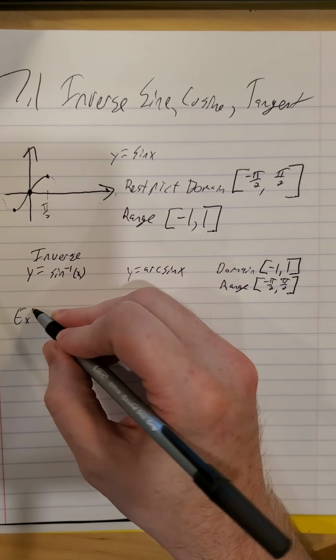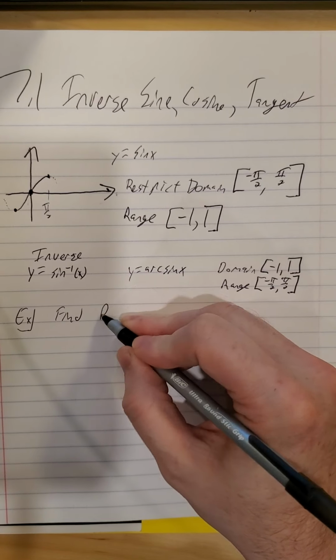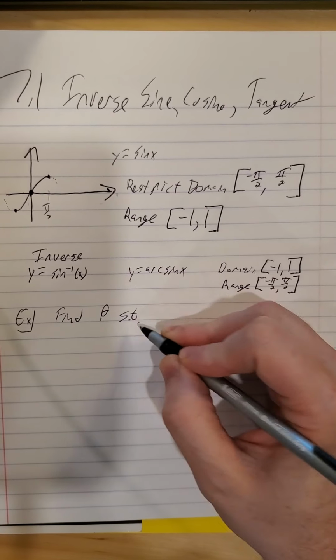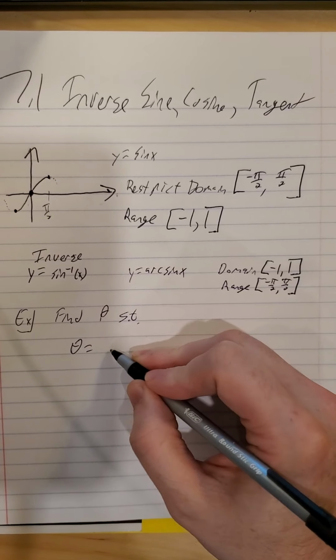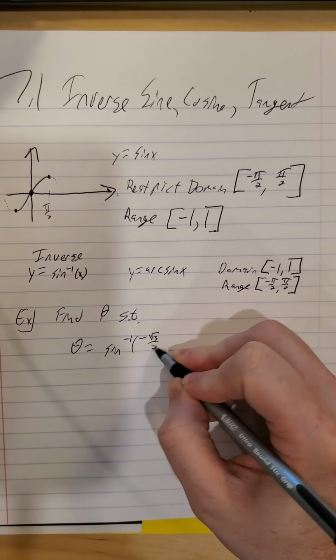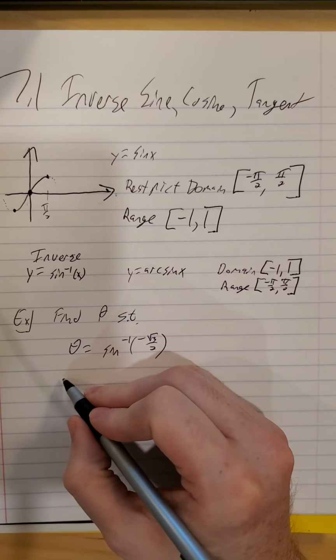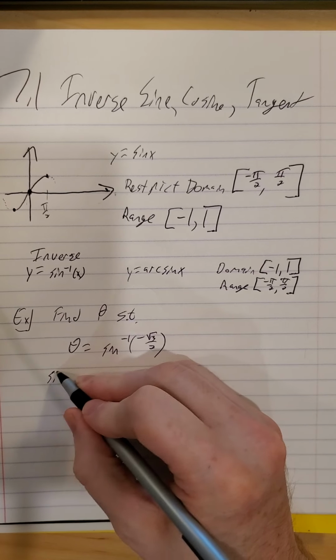So a couple quick examples. Find theta such that theta is the arcsine of negative root 3 over 2. So one thing we can do is take the sine of both sides.